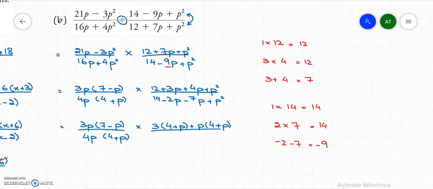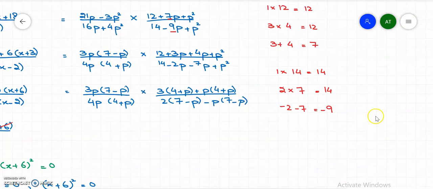Divided by, the common term over here is 2, so 2 times 7 is 14 and minus p, and we can take negative p common, and we are left with 7 minus p. Okay, let's combine the factors.